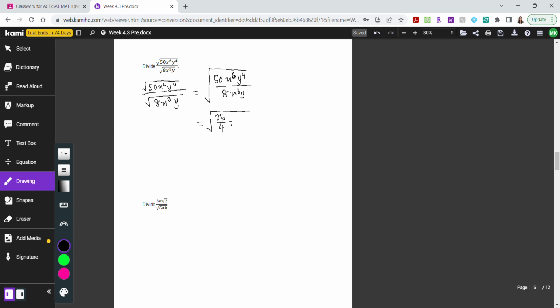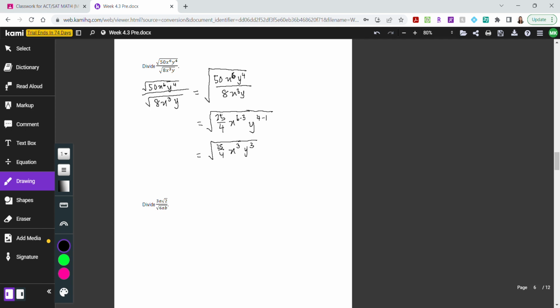And then we have x to the power of 6 minus 3, y to the power of 4 minus 1, right? And then let's simplify it from there. We will get 25 over 4, x to the power of 3, y to the power of 3.